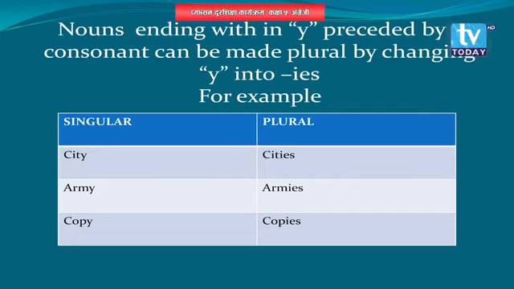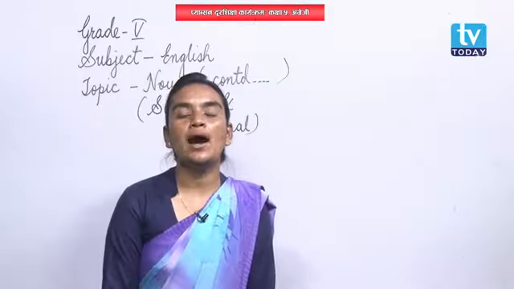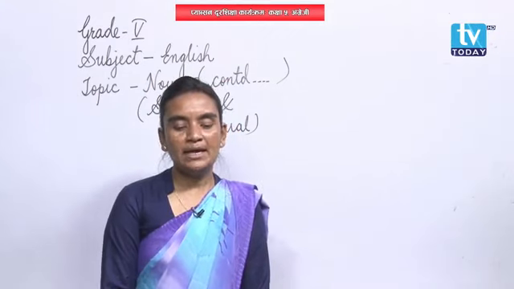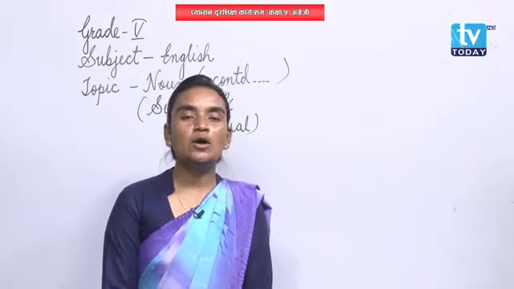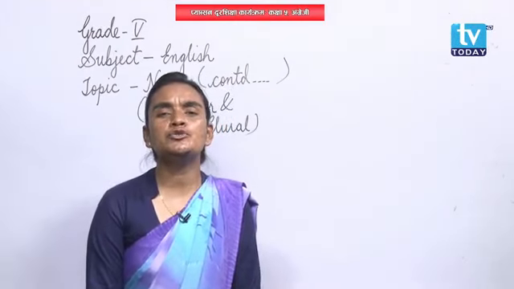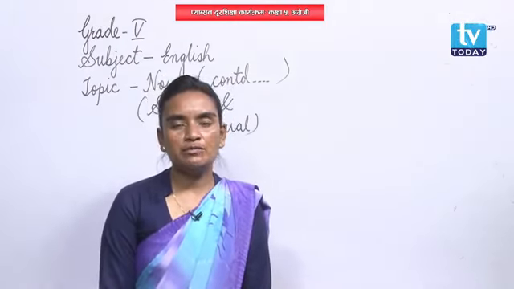Some more examples beside the slide we can go through, or you can take the help of the slide as well. ARMY, army. If we have to make the word plural, then ARMIES, armies we can say. If we have the common word copy, C-O-P-Y, copy, then it can be made plural by adding IES, COPIES, copies. The next word we can take is also a common word which refers to our work, our responsibility.